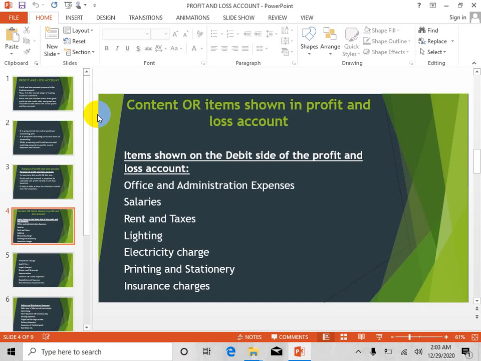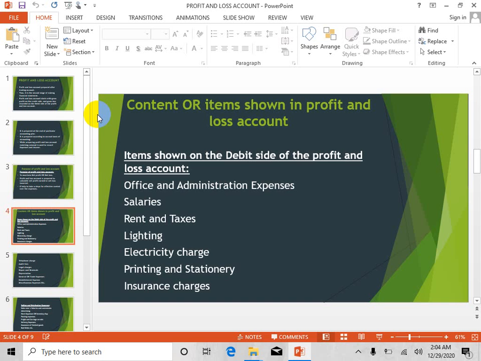Office and administration expenses: those expenses that we incur in the office are known as office and administration expenses. Salaries: we pay salaries to the workers who work in the industry, on the basis of their work, right?